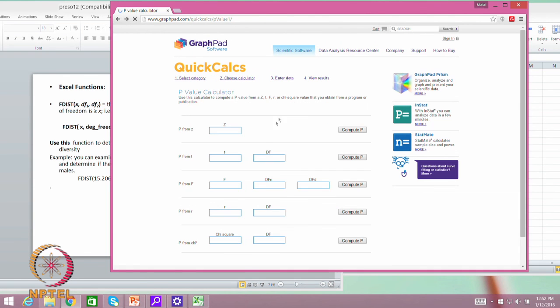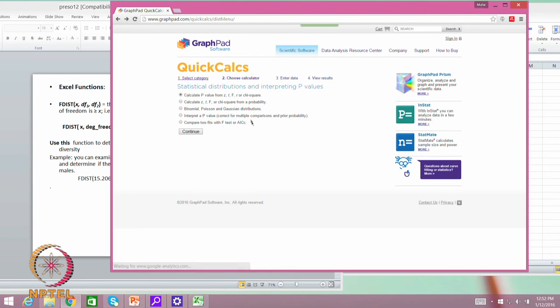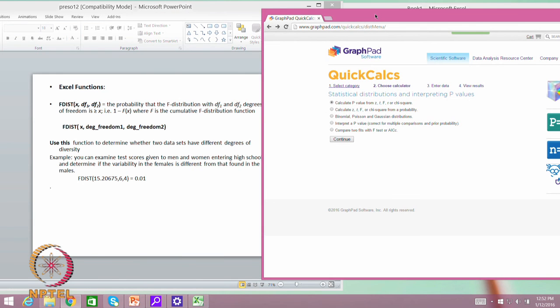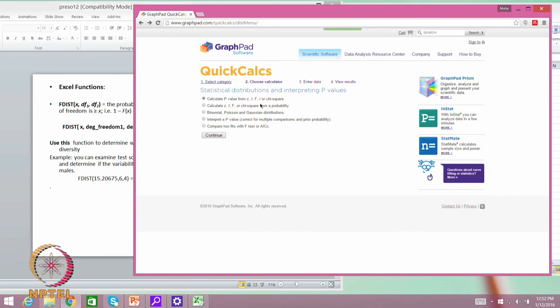So, we can use both these functions in this software. This gives you exactly whatever the FDIST function gives you, the probability value for a given F ratio and degrees of freedom, whereas this one gives you the F value when I give the probability of 0.05 and the numerator degrees of freedom and the denominator degrees of freedom.